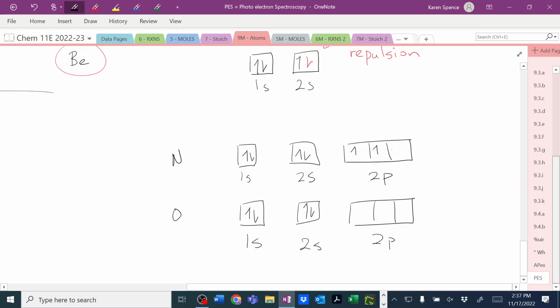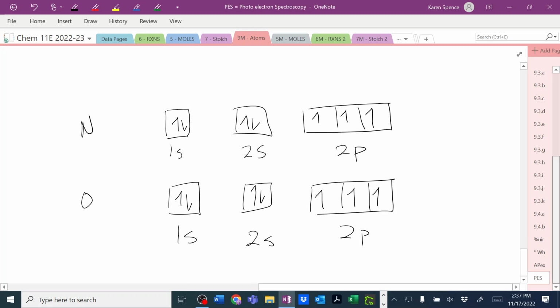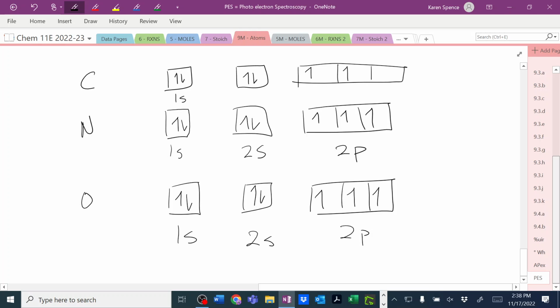I want you to take a look at this. This is where the important bit comes in. If you have carbon compared to nitrogen, so if we're comparing carbon and nitrogen, every electron is in its own orbital.